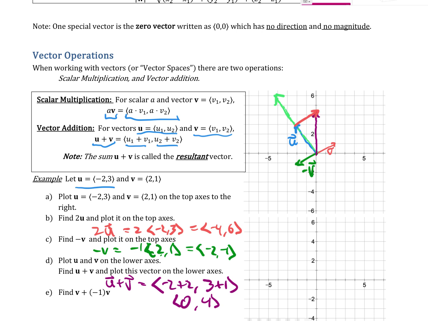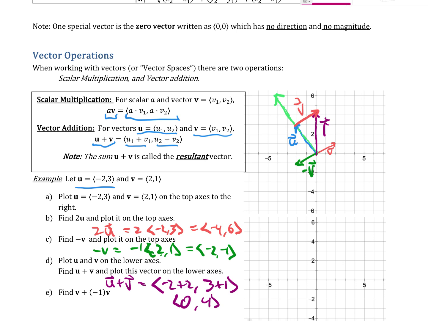So the head is like the arrowhead, and the tail of the vector is the end of it that doesn't have the arrow. So if we attach the tail of the blue one to the head of the red one, notice this: we've got u plus v, and u plus v gives us the resultant r.